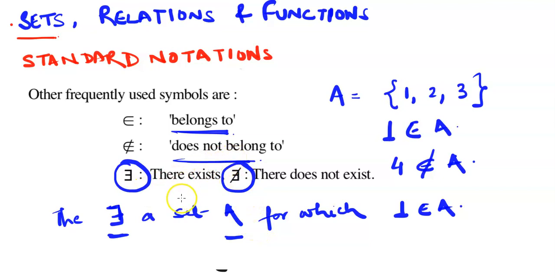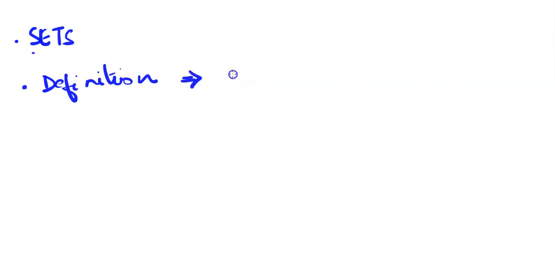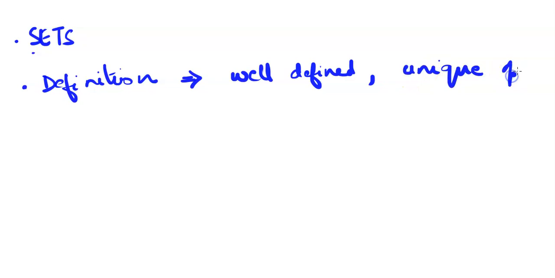With this, we conclude this video. What you have learned in this video is two things. You have learned about sets. You know the definition of sets: a well-defined collection of unique objects.